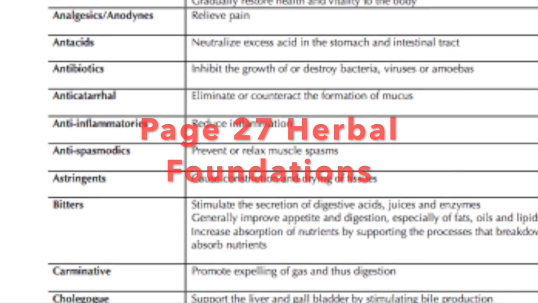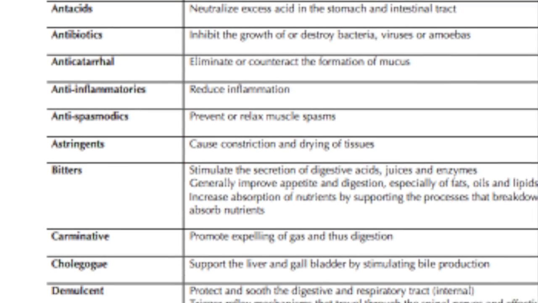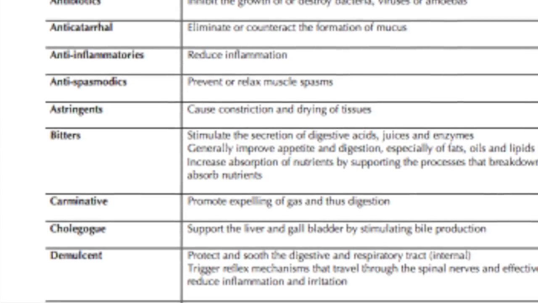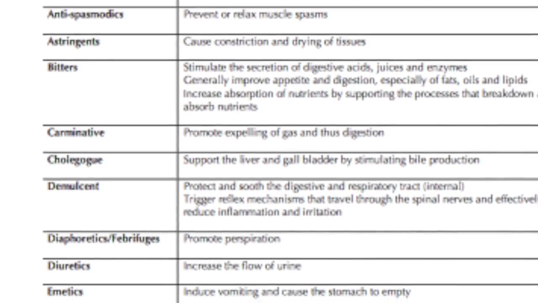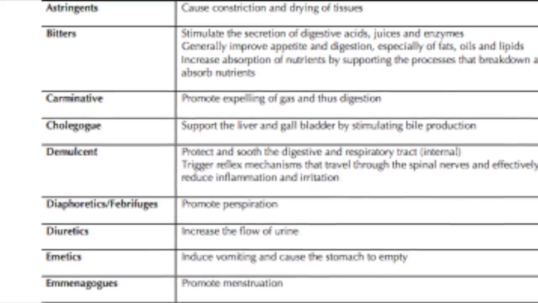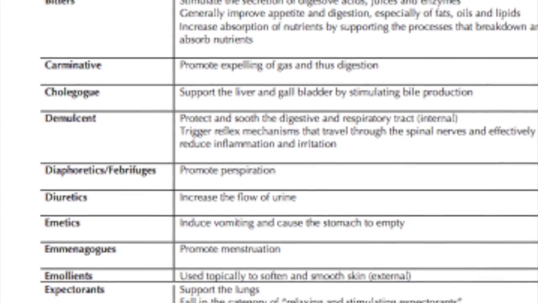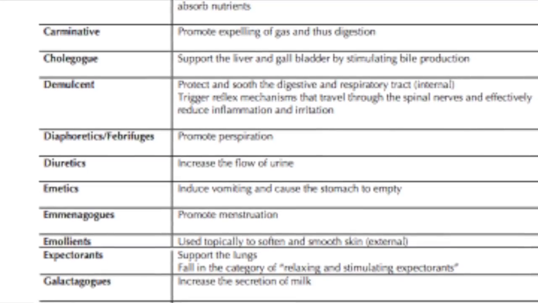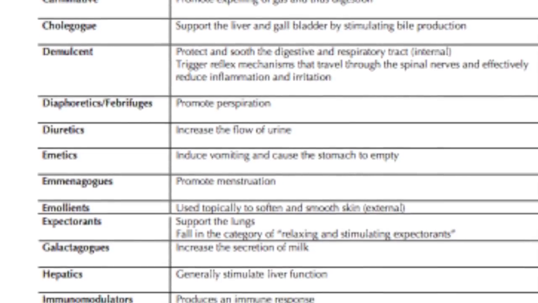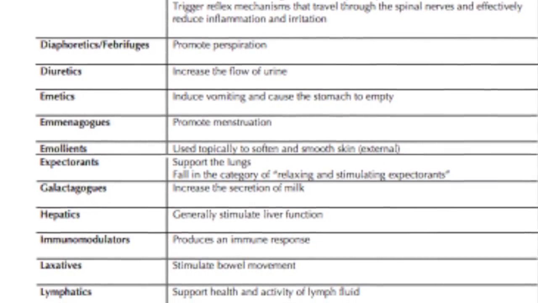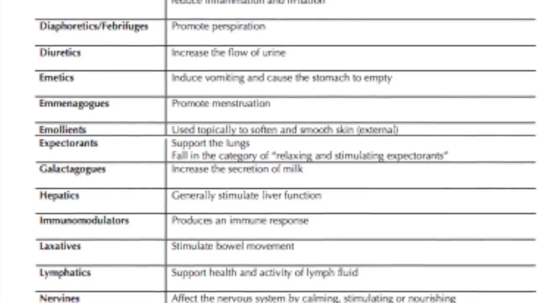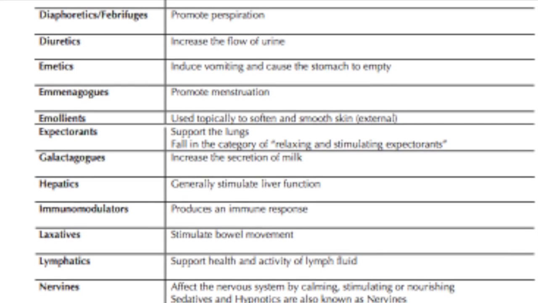Some of these actions correlate with specific constituents that cause a response in the body. But some of the actions are terminology that is borrowed from allopathic medicine or Western medicine. Terms like diuretic or diaphoretic or analgesic are commonly used to describe what the herb does.